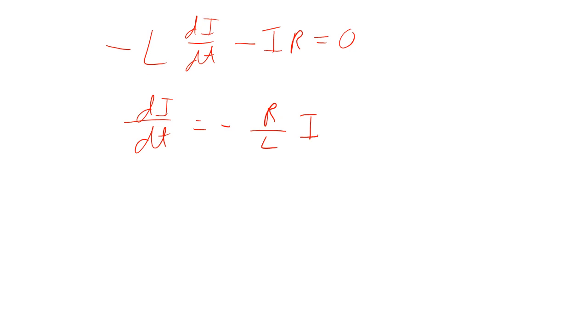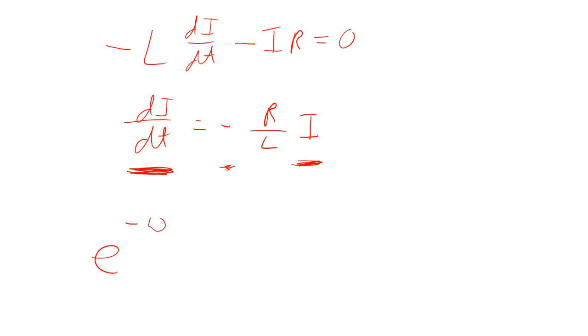So minus L di dt minus IR equals 0. Doing a little bit of algebra, we find that di dt equals minus R over L times I. Now, we've got a derivative proportional to the negative of the original thing we took the derivative of. And we know from calculus that the sort of thing that does that is e to the negative something.